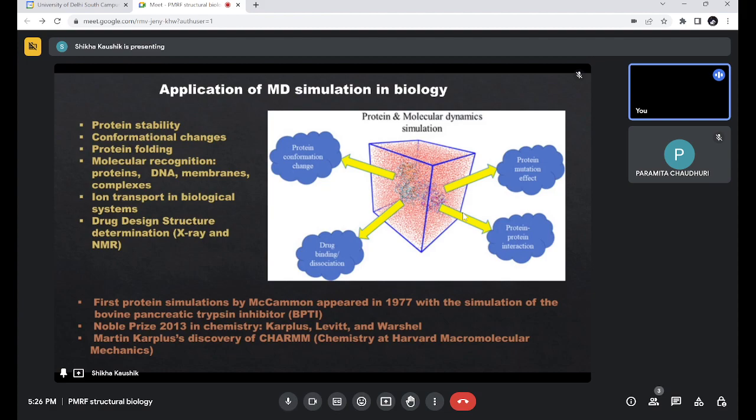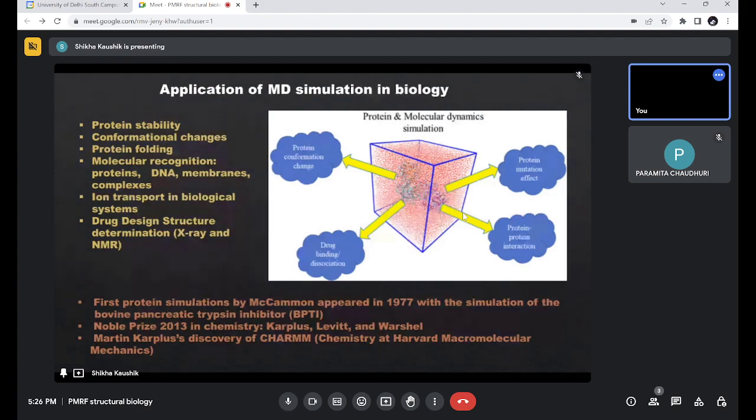So with the help of these tools, it is really helpful to understand the structure, the biological process, or the therapeutic aspect of these structures. No doubt molecular dynamics simulation has opened a lot of doors for us.